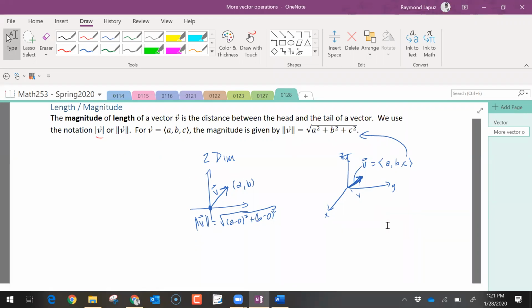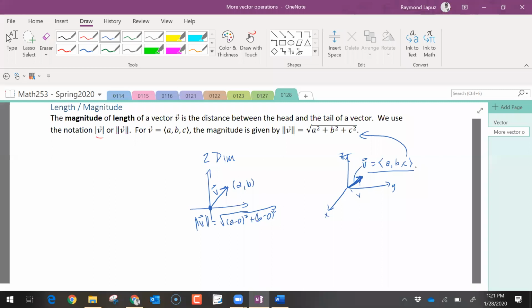Well, if you name a vector A, B, C, you're going to assume it's in standard position and its tail is at 0, 0, 0, and then its head is at A, B, C. In fact, in higher dimensions, if you call a vector 7, 4, 3, 2, then you know that that's sitting at the origin pointing at the 4-dimensional point 7, 4, 3, 2. We can't see it, but that's the idea.